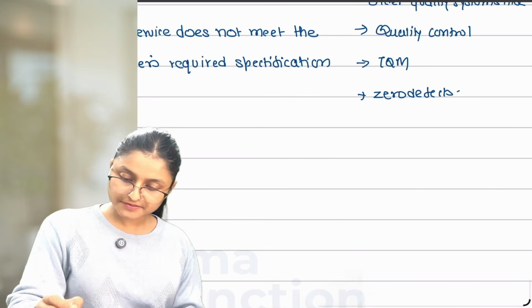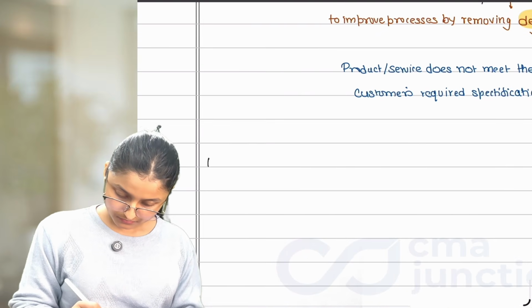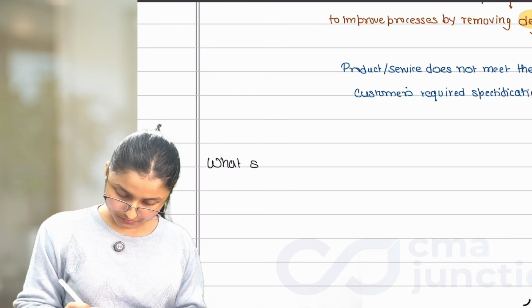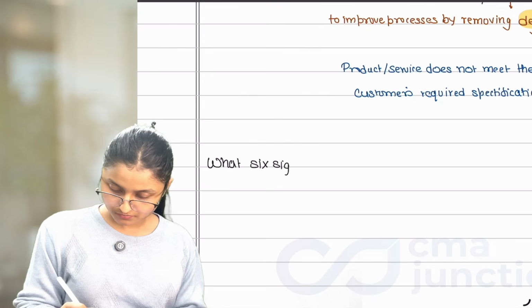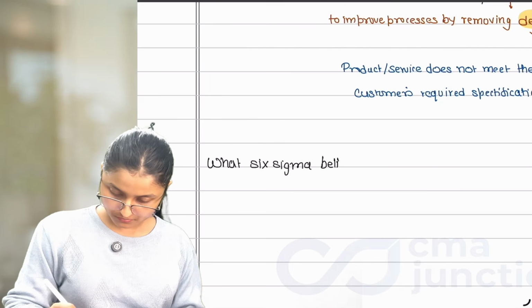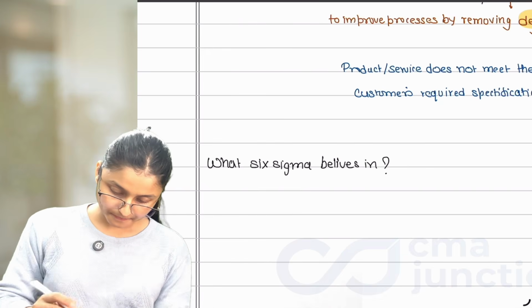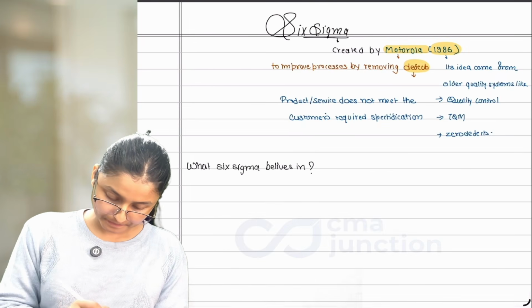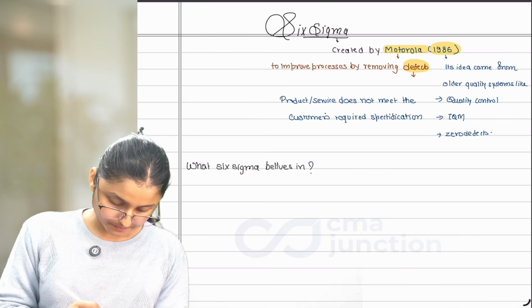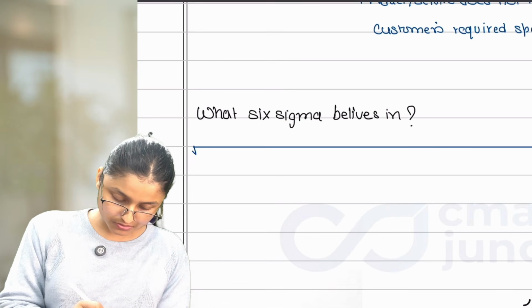What does Six Sigma believe in? It believes in reducing variations.